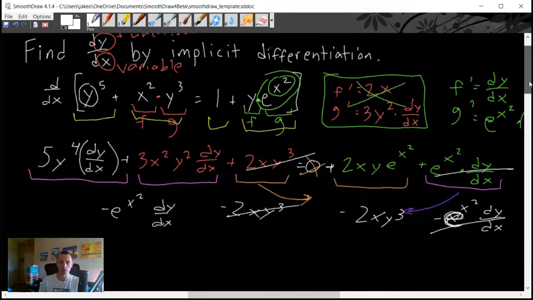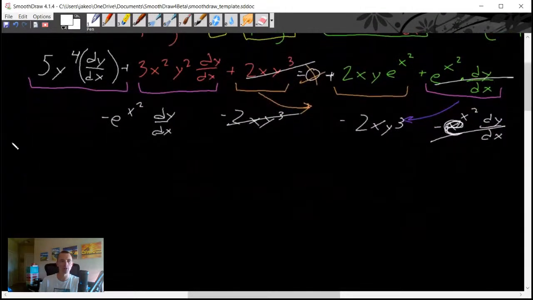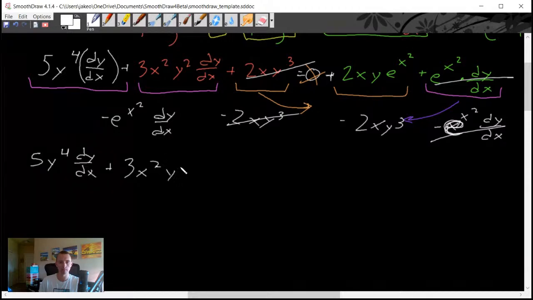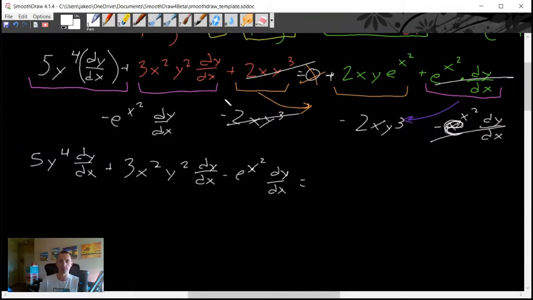So what we will be left with at that point, we're going to have a 5y to the fourth dy dx plus 3x squared y squared dy dx minus e to the x squared dy dx, and that's everything on the left side.